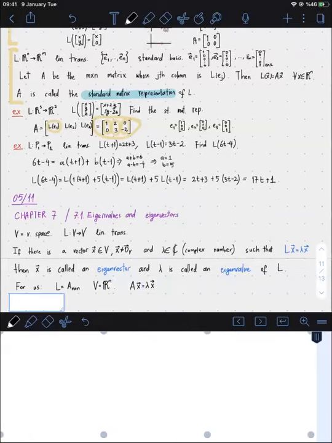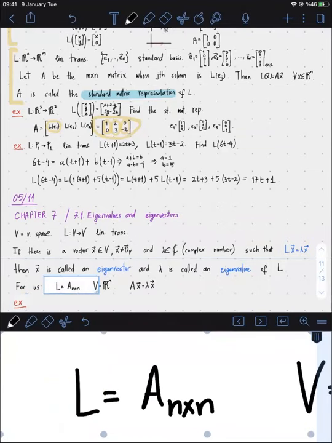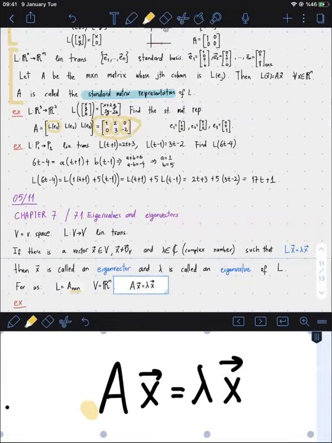Let's look at a simple example. One of the important things here is we want this matrix to be a square matrix. We can compute only the eigenvalues and eigenvectors of square matrices. The reason is very simple: if you look at the left-hand side, A times x, if A is in general not a square matrix, then this vector has a different size than this vector.